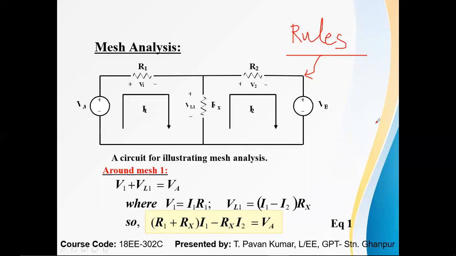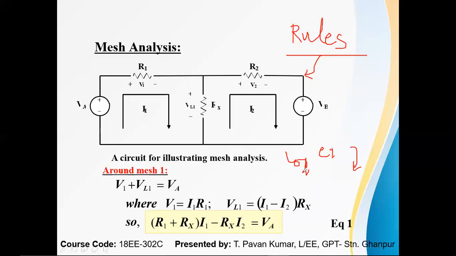One method is based on the branch currents. You can also find the loop equation based on the loop currents. One method is for writing the loop equation.